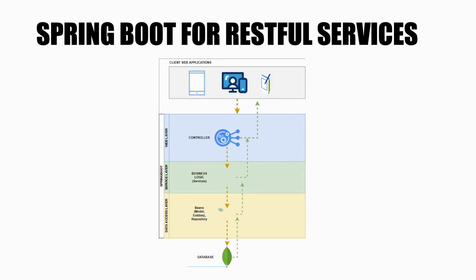Spring Boot is helpful in creating REST-based services. These REST-based services would be consumed by client-side applications, which is indicated here. A variety of client-side applications can consume the REST-based services. The controller is the first component within Spring Boot which will receive the request. It will pass the request to the services, which would apply some kind of business logic.